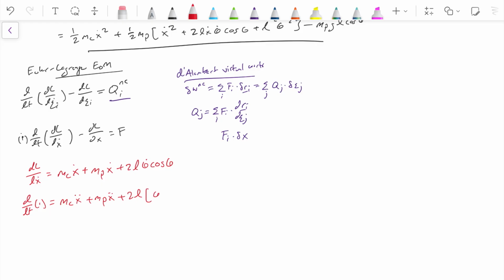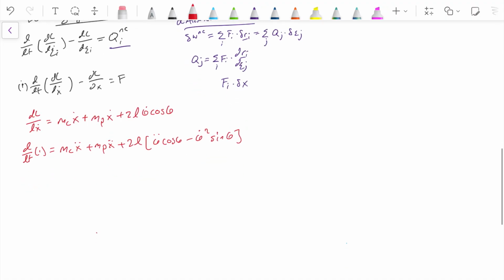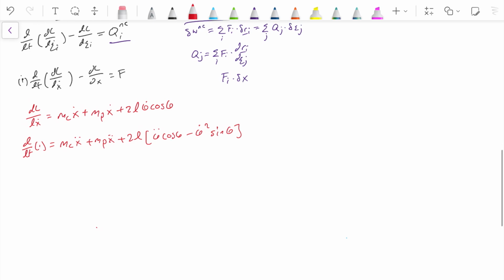So starting with the theta double dot cosine theta minus theta dot squared sine theta, since that's changing with respect to time, and we have a chain rule on the cosine theta and the theta dot.